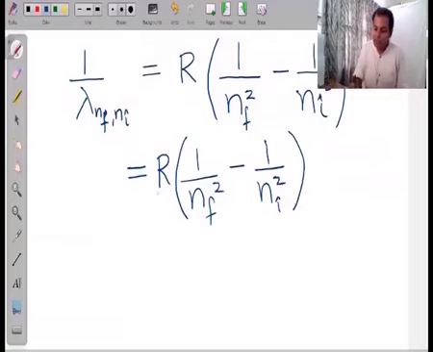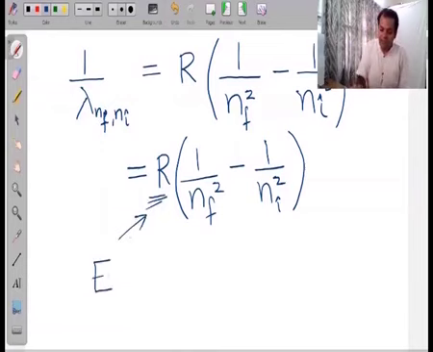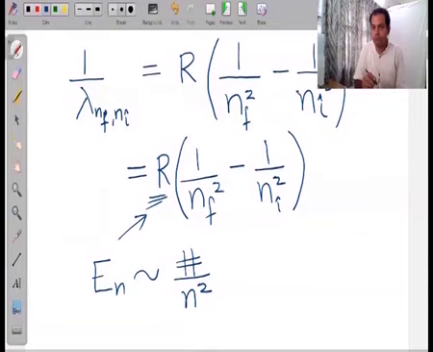So the difference between the gravitational interaction and the electrostatic interaction would essentially lie over here in the Rydberg constant. We will still get energy levels going as something upon n square for this system which has gravitational interaction, because I mentioned that the force still goes as 1 upon r square.